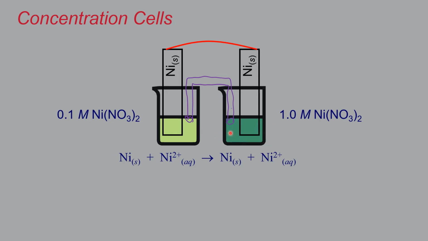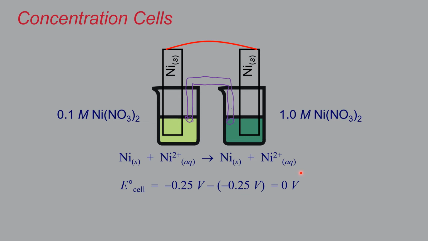In this cell, you would need to reduce the nickel ion concentration. So this is the cathode, or the reduction cell, where nickel plus 2 becomes nickel metal. Now, what is the standard cell potential? Well, clearly it's 0. The reduction potential for nickel is negative 0.25 volts, the oxidation potential is positive 0.25 volts, giving you 0.